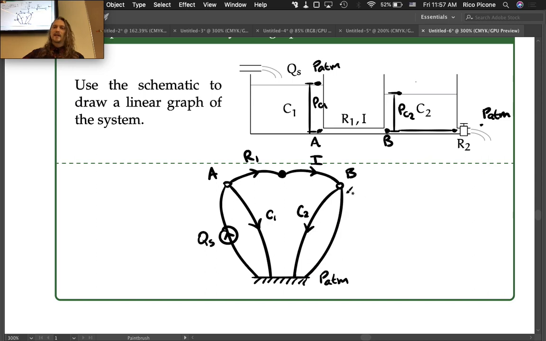The last one is this R2, which is the resistance created with this valve that allows the fluid to flow out to atmospheric pressure. It drops from the pressure that's in the tank to atmosphere, so it goes from B to P atmosphere. And we have our linear graph, and we're off to the races, right?